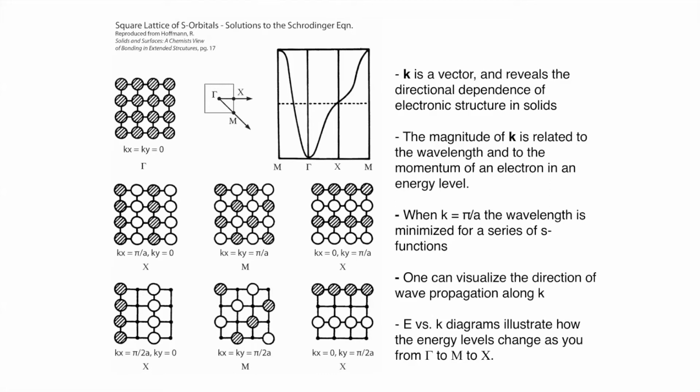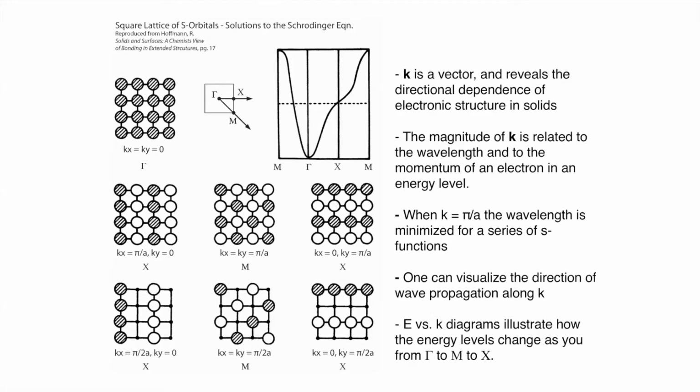And so this particular symmetry is a square lattice. And so it gives a few unique solutions. More complicated crystals have more complicated solutions. So K is related to the wavelength of the electron, or the wave function, and its momentum.